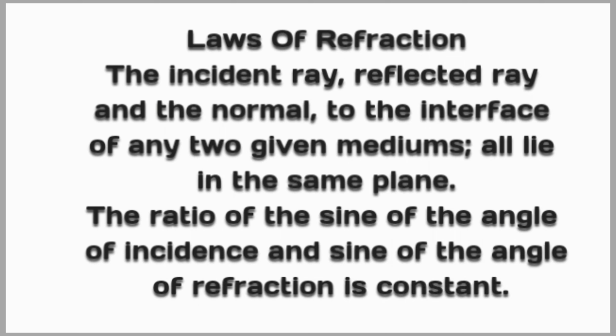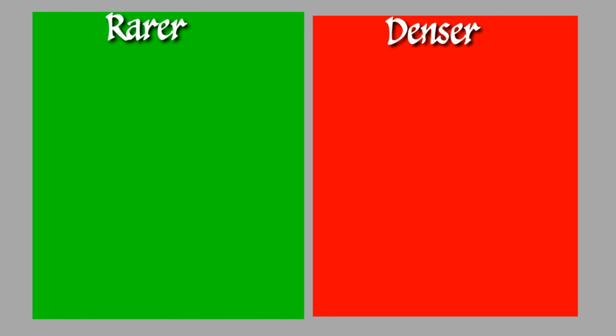Along with these laws of refraction, whenever refraction takes place, here come another two conditions. We have already learned that, depending upon the speed of light, media can be considered as a denser medium or a rarer medium. The medium in which light moves with maximum speed is known as a rarer medium, and a medium through which light moves with comparatively less speed is known as a denser medium.